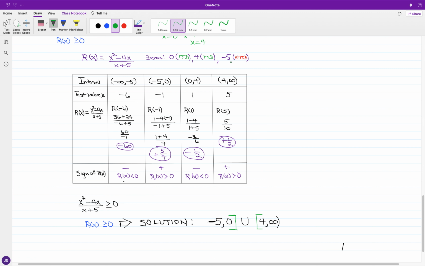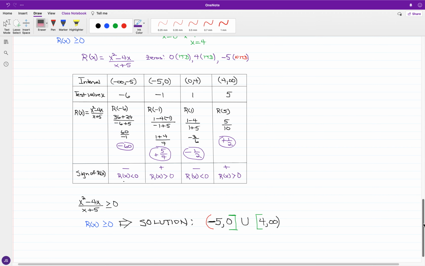Whereas in the case of negative 5, that one is not in the domain because that will cause the rational function to be undefined as opposed to equal to 0. So this will be your interval display for x squared minus 4x over x plus 5 is greater than or equal to 0. So you have parentheses around -5 and infinity, and 0 and 4 in the bracket.